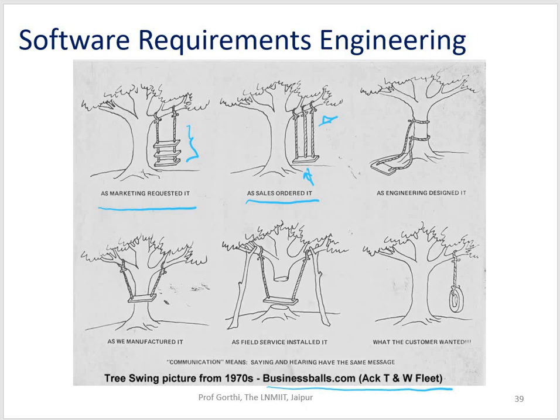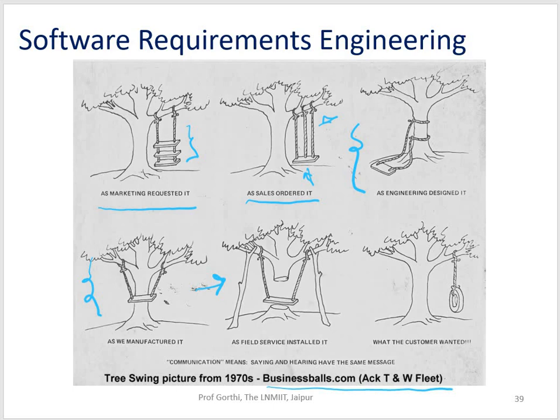And based on these inputs, this is what is engineered and designed, and based on this is what has been manufactured. And later on, this is what is installed, right?